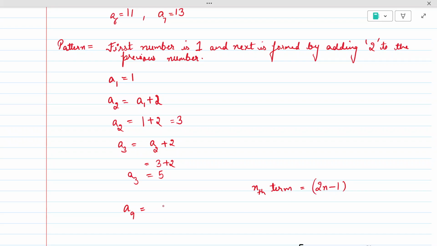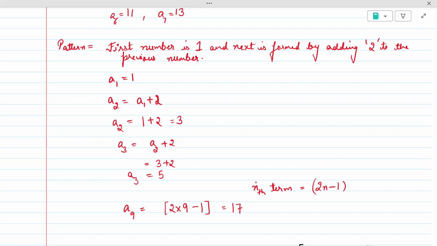So let me write it. 2n minus 1. What is n here? N is 9. So I am writing 2 times 9 minus 1. So 9 multiplied by 2 is 18. 18 minus 1 is 17. So at the ninth position, we will get the number 17.